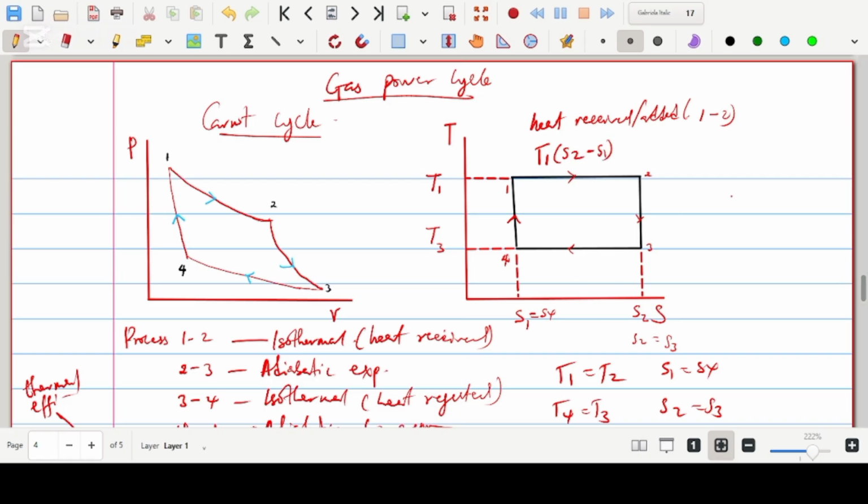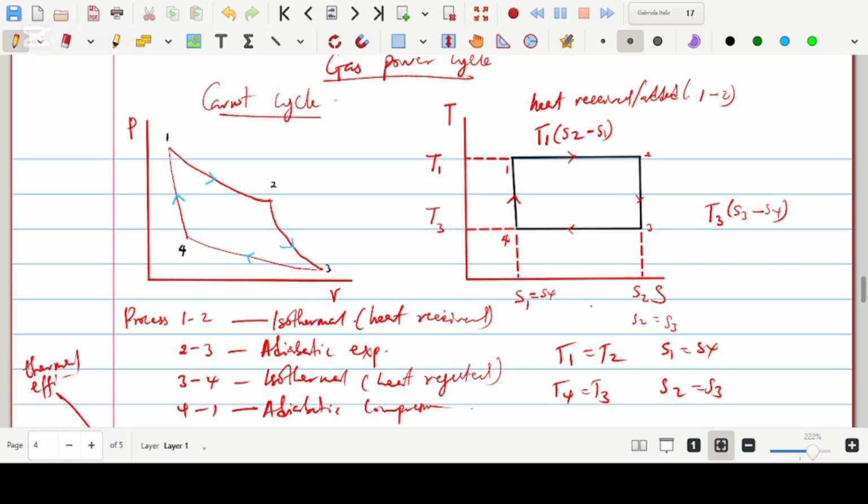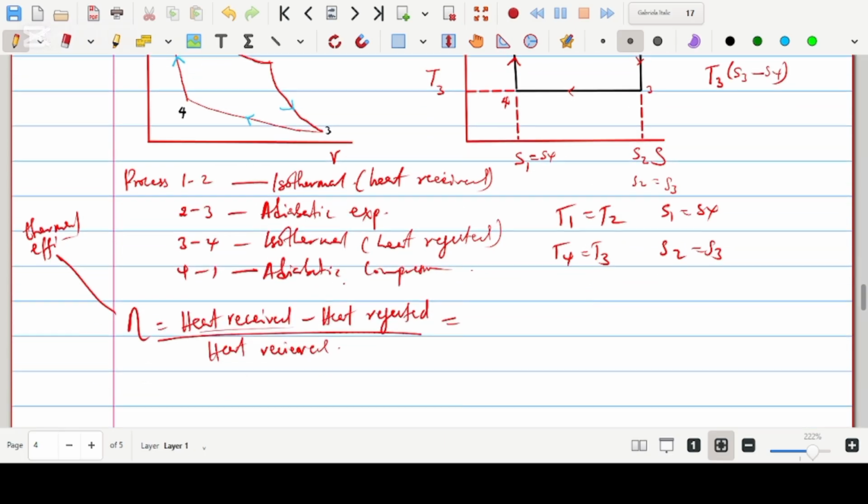For heat rejected, I can call it T3 into bracket S3 minus S4. That's it. So here I will now substitute.